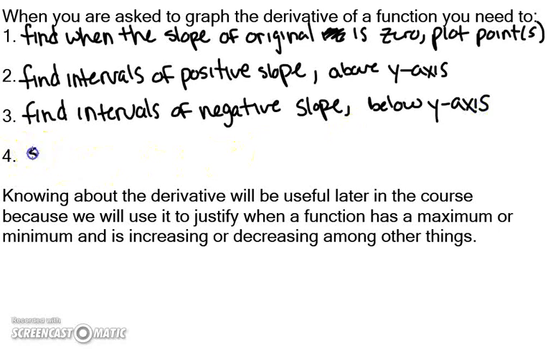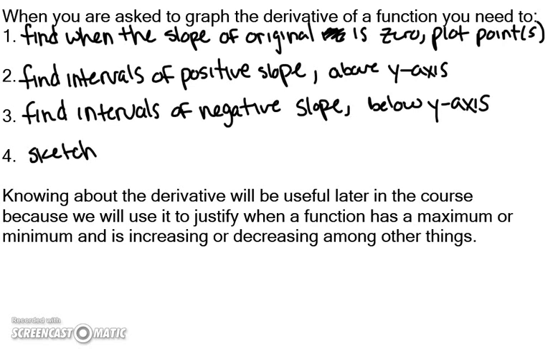And then finally, we want to go ahead and sketch our graph. Now, we're not going to be able to necessarily get the exact graph of the derivative. These are always going to be sketches. So we want to start by finding when the slope of our original is 0, plot those points, find the intervals of positive slope, those are going to be above our y-axis, find the intervals of negative slope, those are going to be below the y-axis, and then we're going to want to sketch.